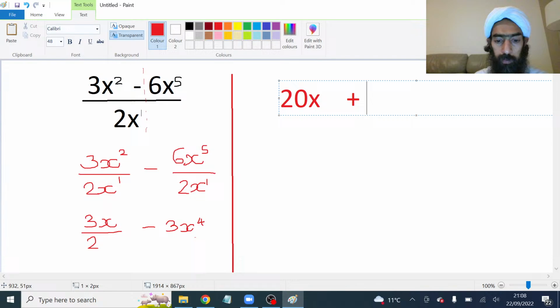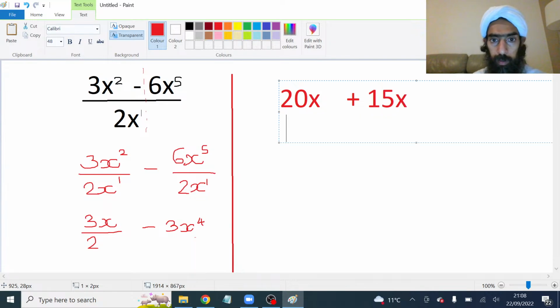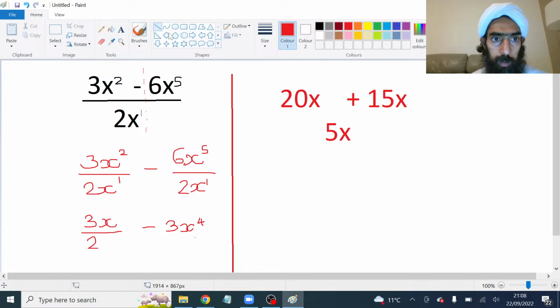20x to the power 7 plus 15x to the power 3, and that's all over 5x to the power 2. So let me just put those powers in while you have a think about this one.